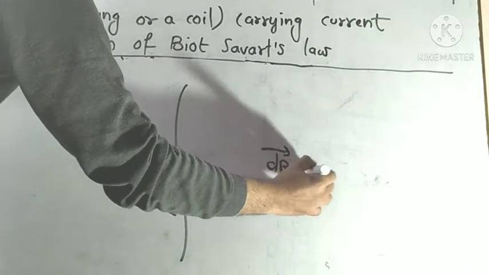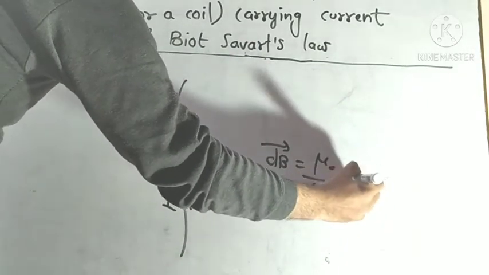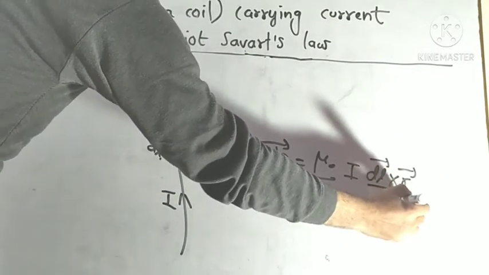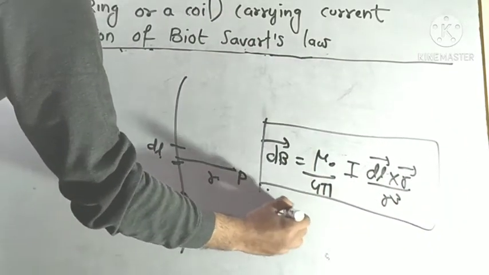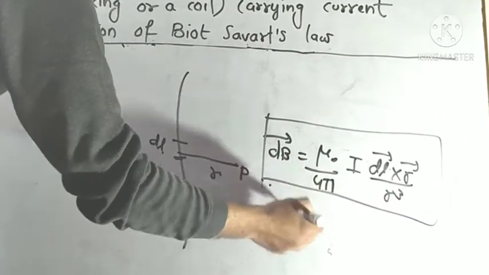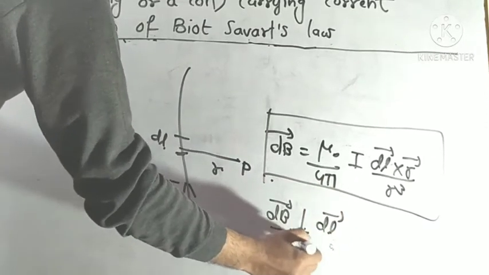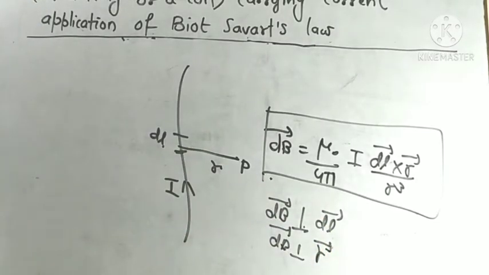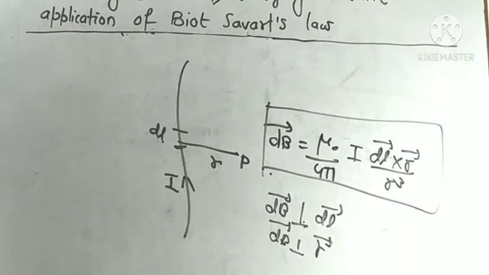We already know that dB is equal to mu naught upon 4 pi, I dl cross r upon r cube. Here the direction of the magnetic field is perpendicular to dl, and also perpendicular to r. So this law we use to solve our problem.